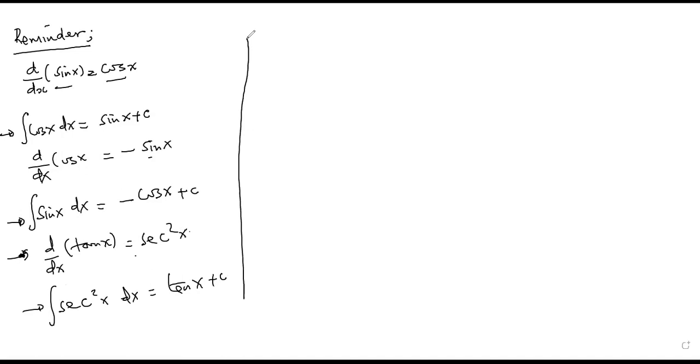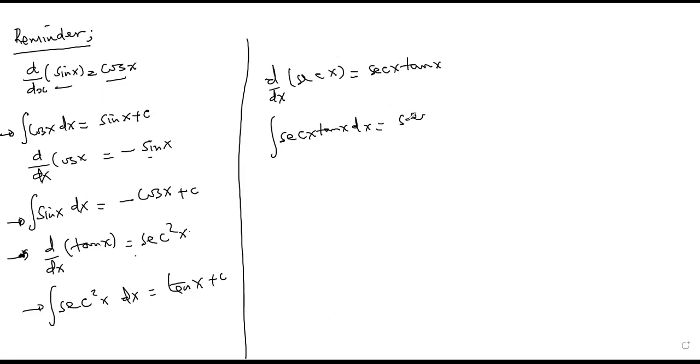Another one, if we differentiate sec x, we get sec x tan x, implying that when you integrate sec x tan x dx, we shall strictly be getting sec x plus a constant of integration.